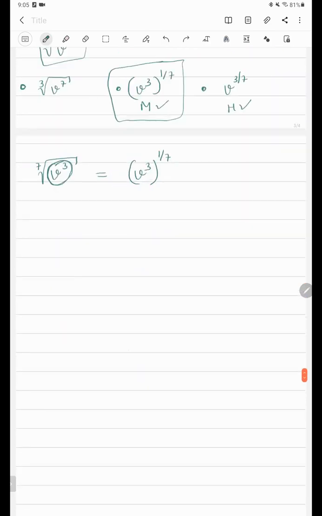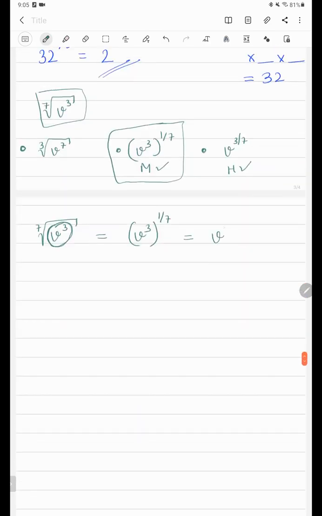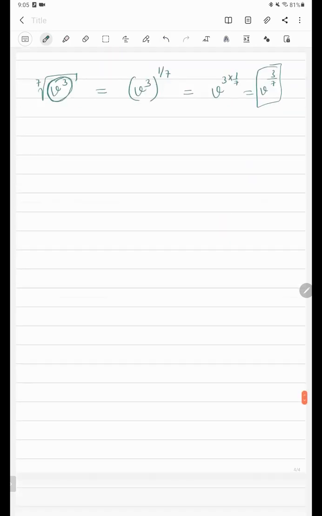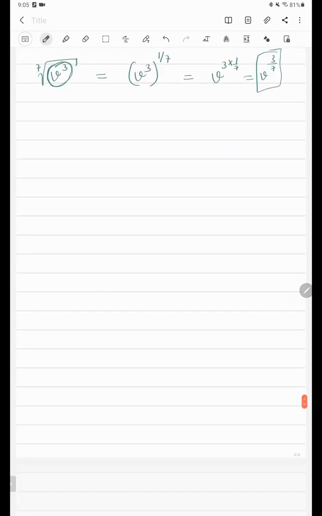So over here, that's v, and this is 3 multiplied by 1 by 7. That is nothing but 3 by 7, right? That's why the third option is also correct. Is this clear, Veer? Yes, ma'am. Clear.